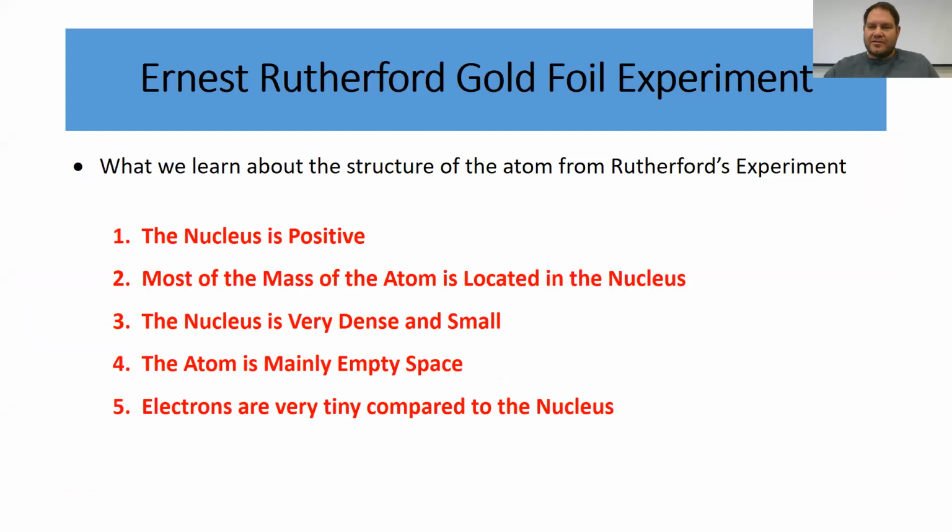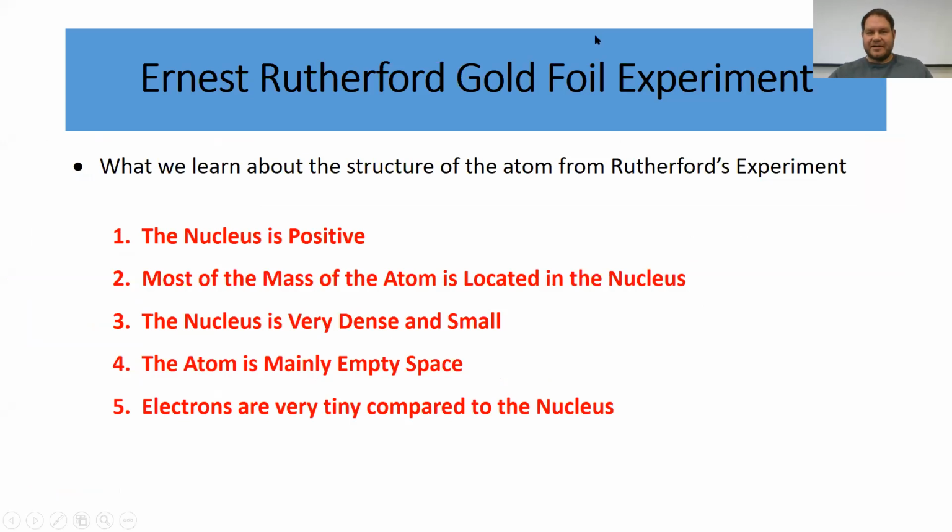So overall, the conclusion of the gold foil experiment: what do we learn about the structure of the atom? These are the important principles. First of all, there is a nucleus in the atom, located in the center, and it is positively charged.